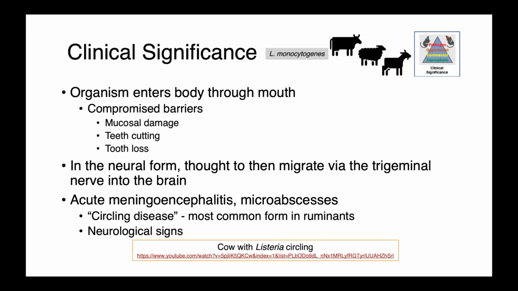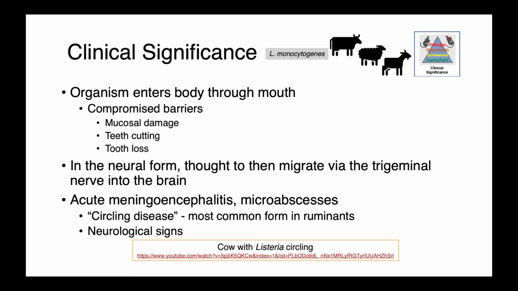The organism enters through the mouth, through compromised barriers. So if we have mucosal damage, maybe there's some sharp feed material, some small abrasions or cuts in the mouth, following teeth cutting or even tooth loss. In the neuronal form of the disease, it's thought to then migrate through the trigeminal nerve into the brain.